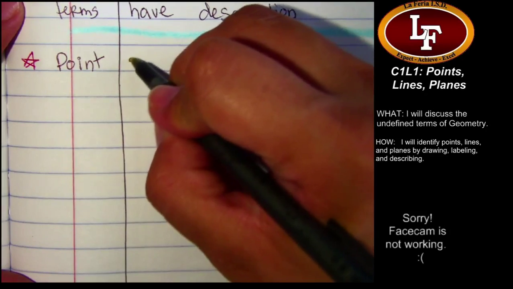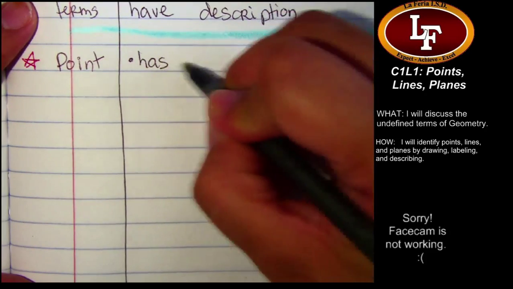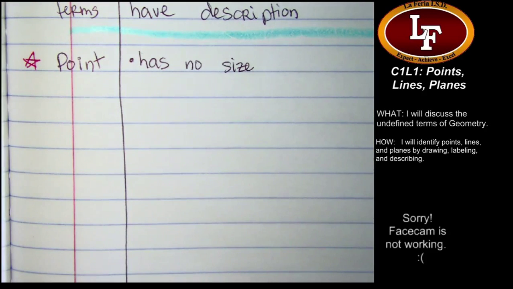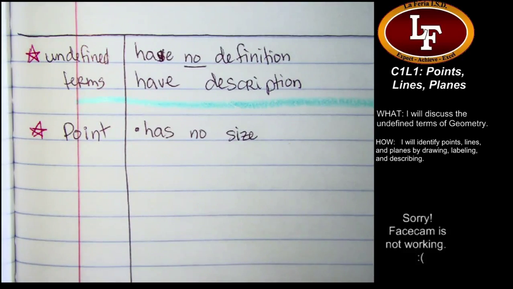And here's what it's like. A point has no size. So I want you to think about the smallest dot that you can think of. An atom. Now go smaller than that. Now smaller than that.